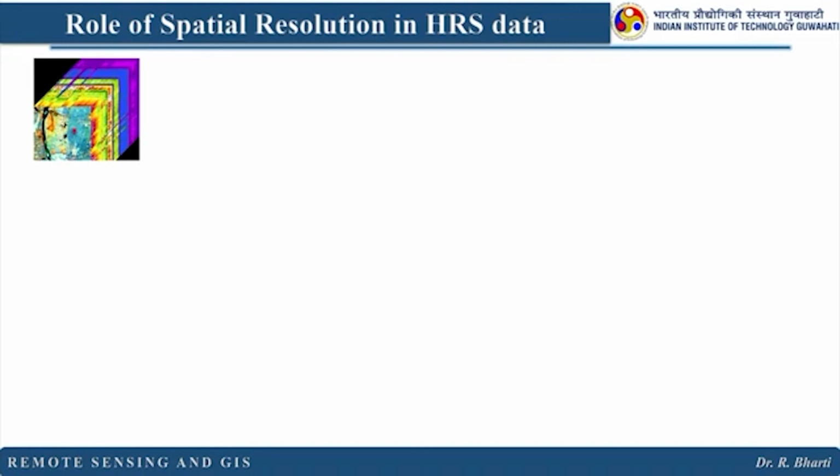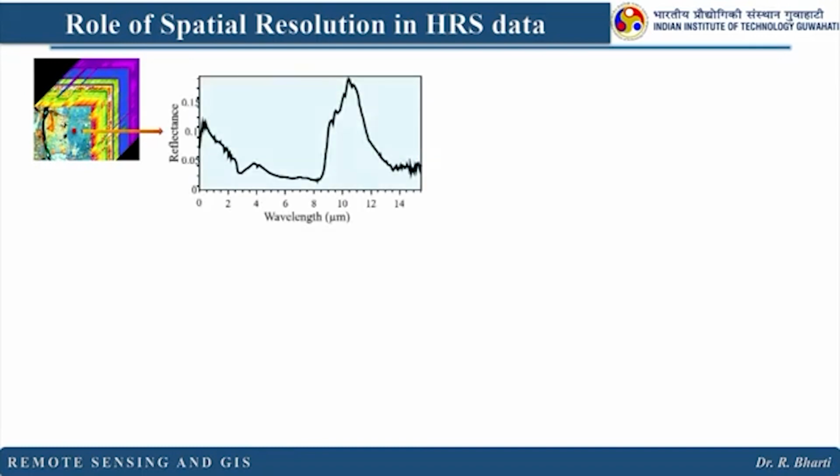This red dot, I am considering as a pixel. Once you have identified your pixel, what you will do? You will derive the response of that pixel across the wavelength. So here you have all the bands. Whatever value it has in different wavelengths, that we have used and plotted here, right.